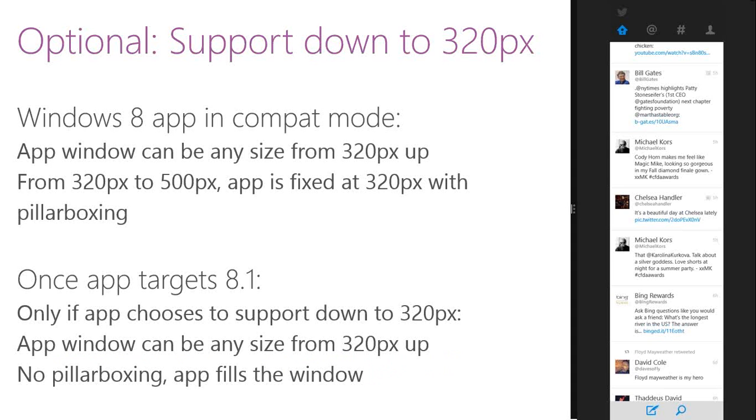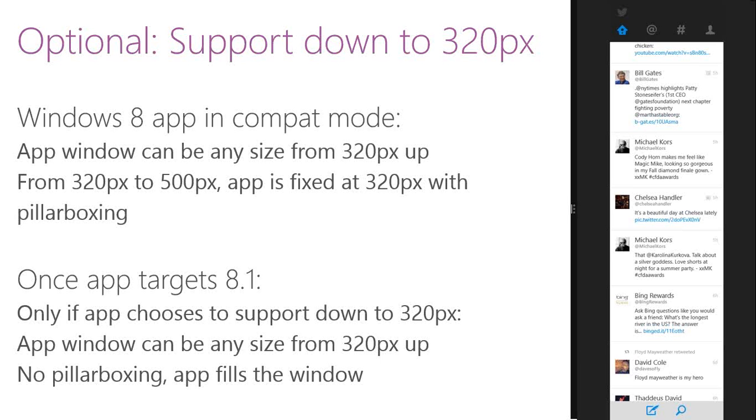So if you have a Windows 8 application which is running on Windows 8.1, it will run nicely. It will be running in the compact mode. Any application can be any size from 320 pixel up to 500 pixel, anything more than 320 pixel. And an app that is fixed at 320 pixel will be running in pillar boxing.